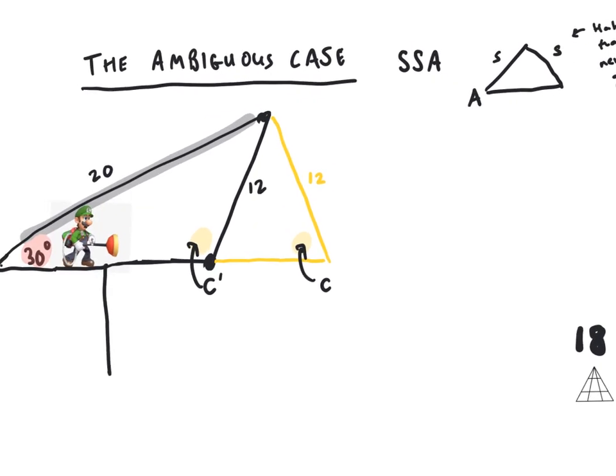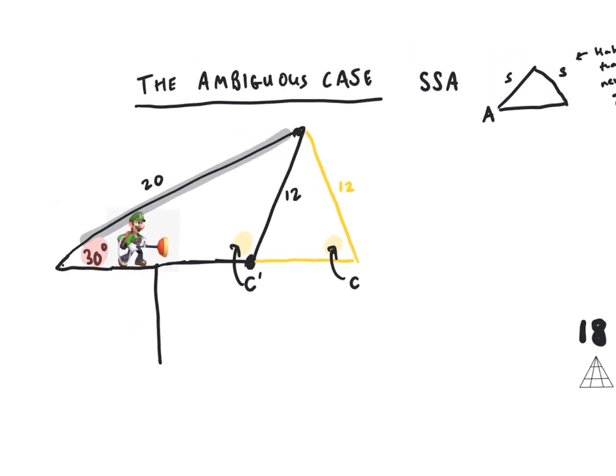I would write that the sine of 30 over 12, because 12 is the side opposite the 30-degree angle, is equal to the sine of C over 20. And I'll solve this equation first for the sine of C and then angle C.